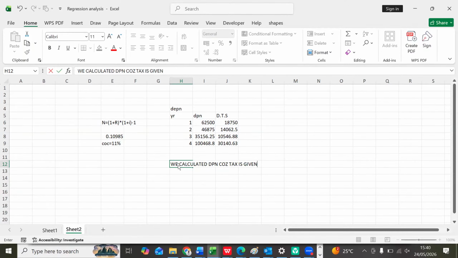When tax is not given, depreciation is irrelevant. If tax is not provided, depreciation is irrelevant, meaning that it should not be calculated.